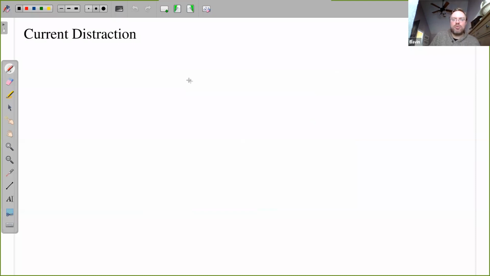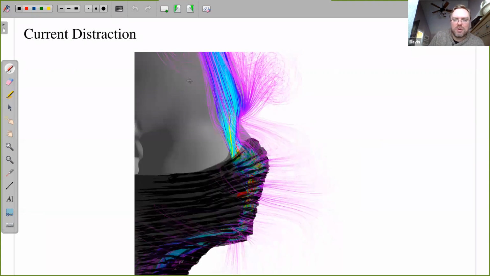Now, in terms of the work I've been doing, I kind of started it, and then I've recently got distracted, so I thought I'd show you this. This is a gator, and I simulated the gator using the lattice spring model.